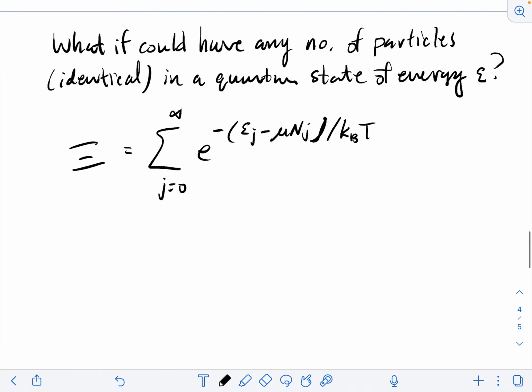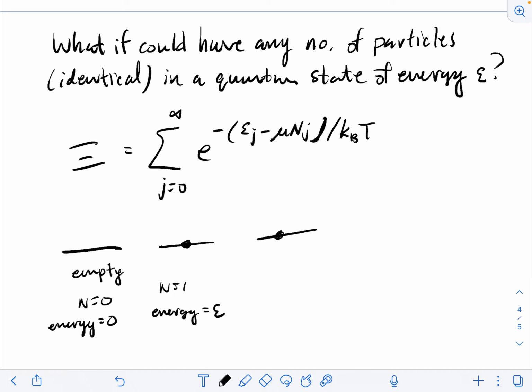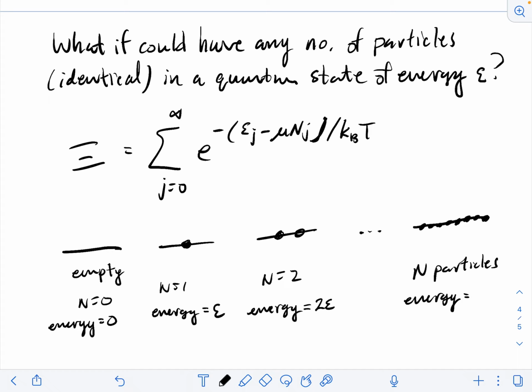But now what we could have is an empty system where n is equal to 0 and the energy is equal to 0, or we could have one particle, so n is equal to 1 and the energy is equal to epsilon, and then we could have two particles, so n equals 2 and energy is equal to 2 epsilon, and this just goes on and on until we have n particles, and the energy is equal to n epsilon.